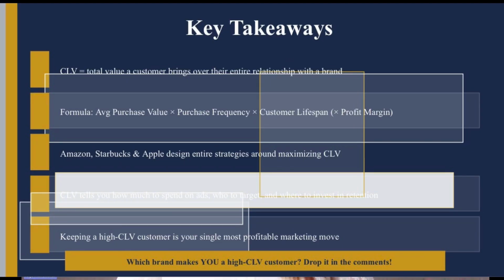This is not a theory, it drives real billion-dollar decisions. Four, CLV tells you exactly how much to spend on ads, who to target, and where to invest in retention. Five, keeping high CLV customers is always the most profitable marketing move.